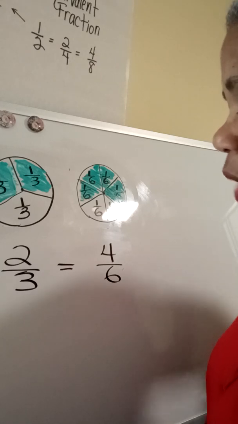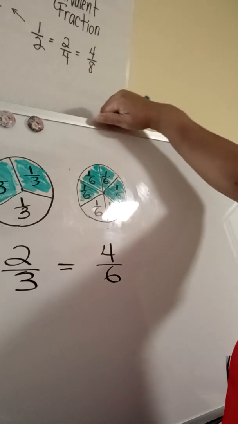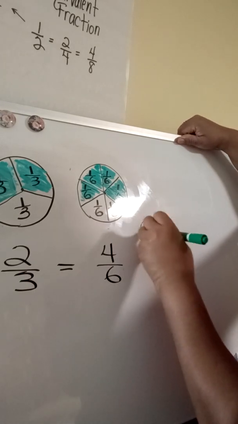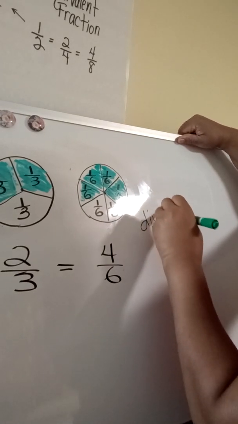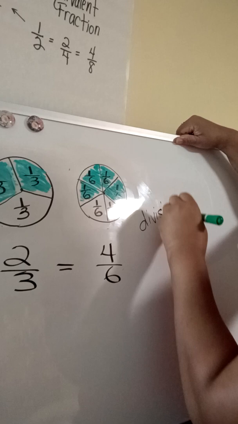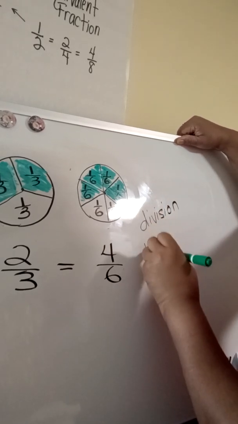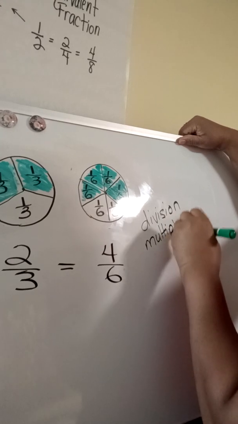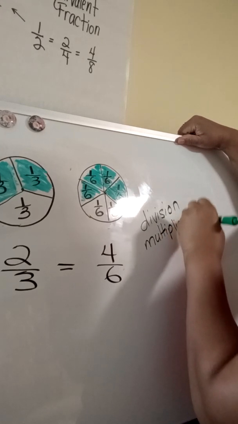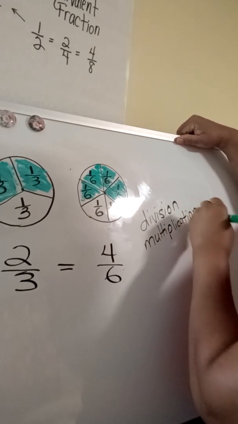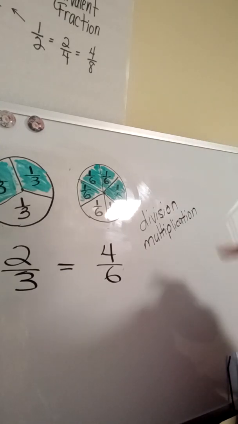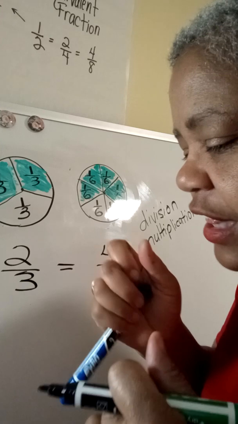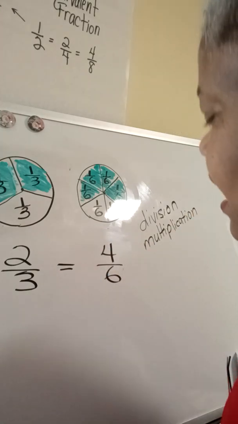So in this situation, I'm going to go ahead and tell you that we're going to use division and we're going to use multiplication. I always say that division and multiplication are cousins. They love each other, they play, they have a good time.